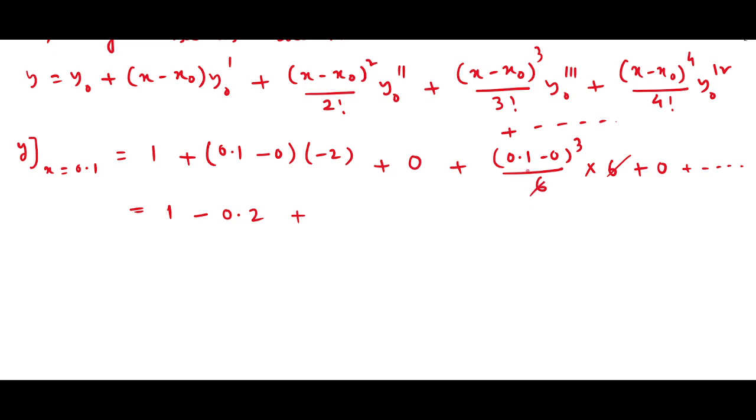Then how much will you get? We'll get 0.001. So if you calculate it, 1 minus 0.2 plus 0.001, it's 0.801.